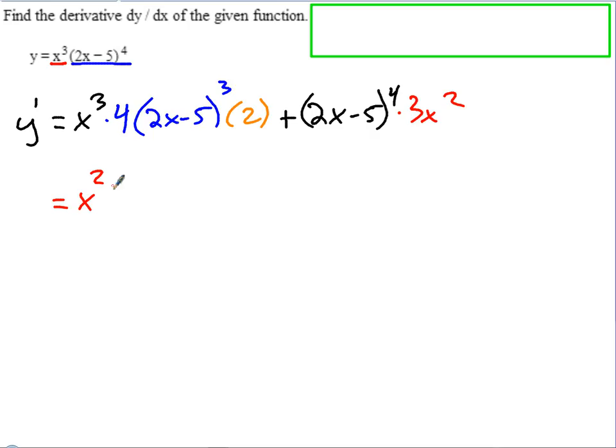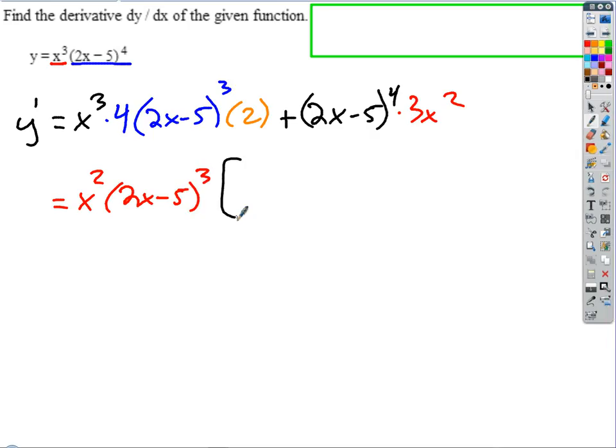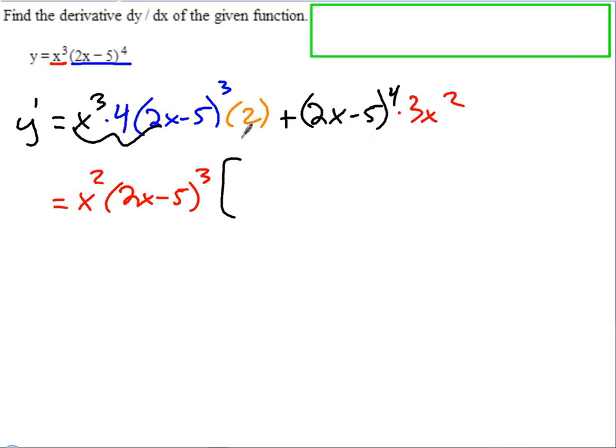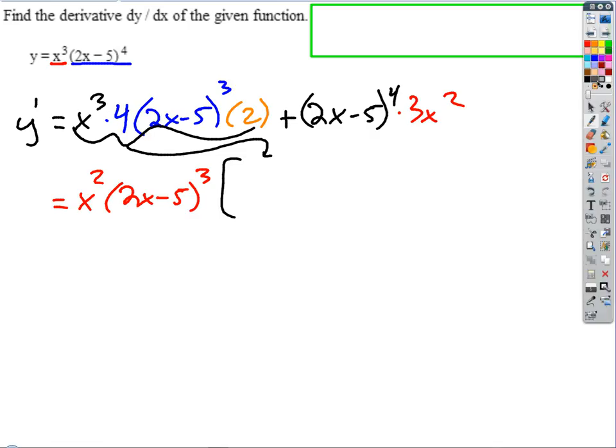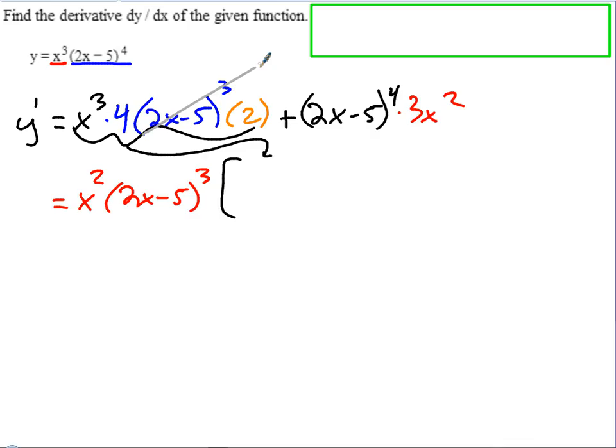What else? How about this other base, 2x minus 5? Okay, good. We can take the other base cubed. And then that leaves me that from the first term, the 2x minus 5 to the third goes away.